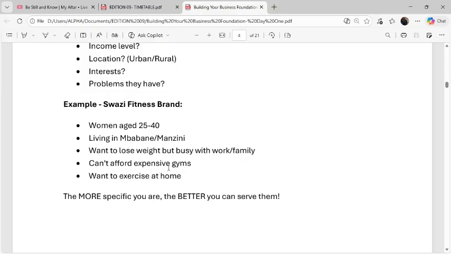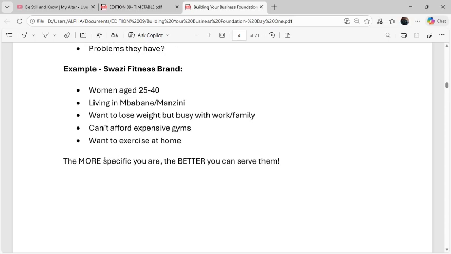They still want, but they are not able to pay for that premium product. So when you come in, you say you are now going to give it what? At an affordable rate. Now, the more specific you are, the better you can serve them. You get what I'm saying? The more specific you are about your business, then the better you can serve that target market.